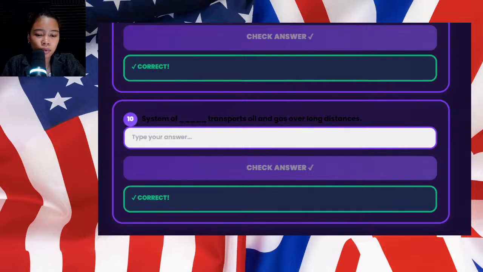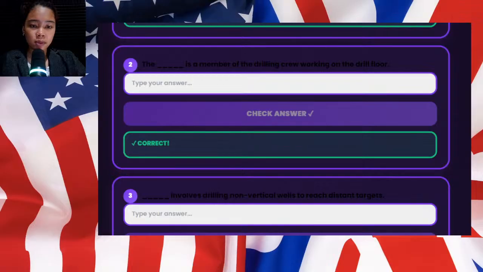It is focused more on a sophisticated system of pipes that is designed to transport especially crude oil, natural gas and refined products across vast distances. So these networks serve as a circulatory system of the global energy industry. Okay, that is pipeline. And that is all for the different items for this exercise.